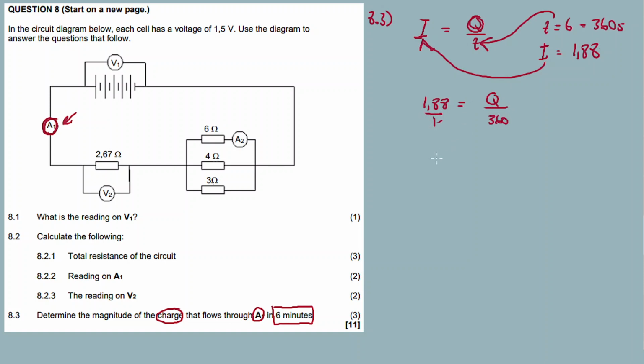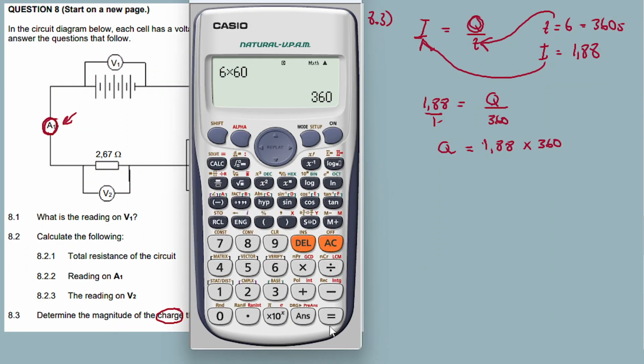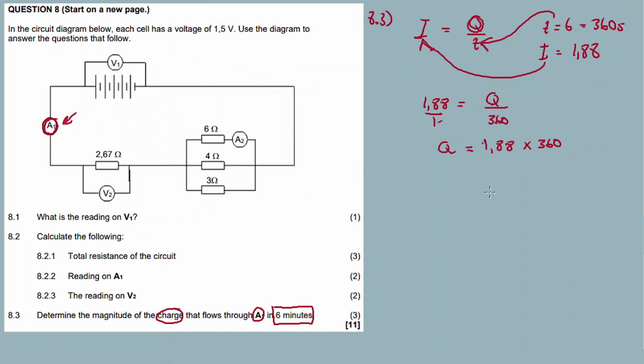We cross multiply: Q is 1.88 times 360, which gives 676.8 coulombs. So that is the charge flowing through the ammeter.